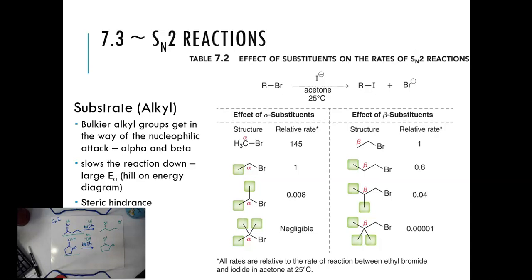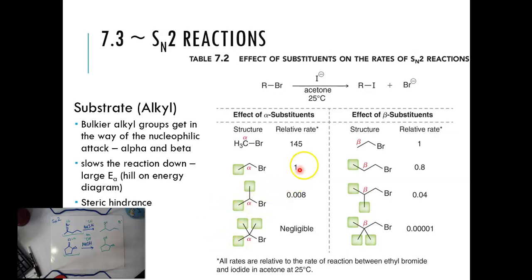When we talk about the substrate in this chapter, we're looking at how sterically hindered it is. So we're comparing different reactants, and specifically for this column, we're looking at that alpha carbon, where that leaving group is attached. We have a methyl group, a primary, a secondary, and a tertiary.